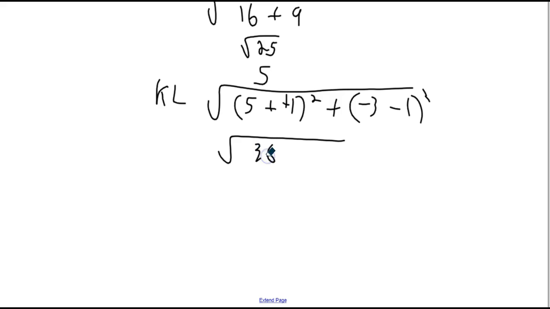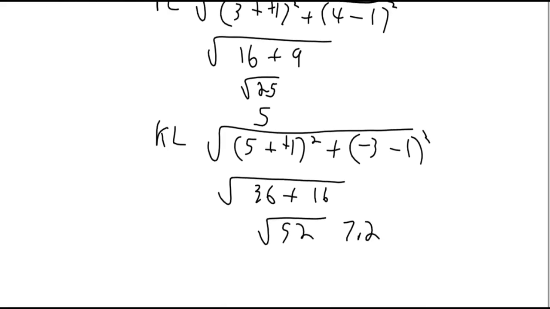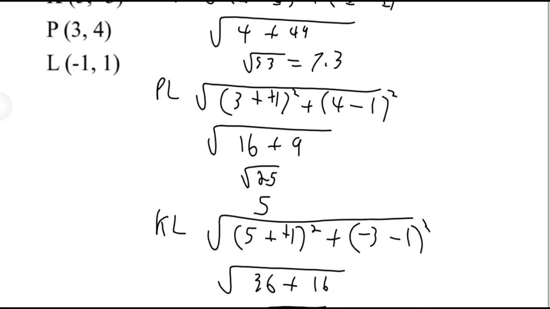Squared is 36. Negative 3 minus 1 is negative 4. When you square that, you get positive 16. And that's going to be 36 plus 16 is 52. So the square root of 52 is about 7.2. So notice, close, but notice, square root of 52 is different than square root of 53.